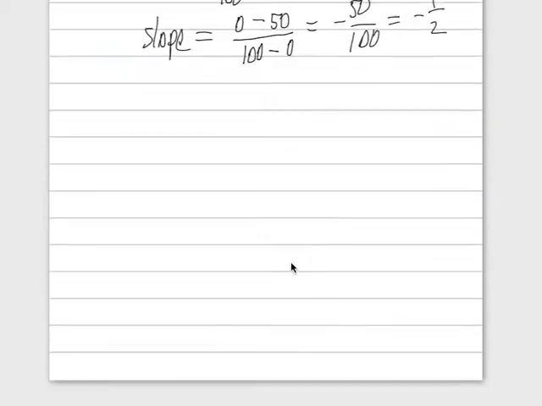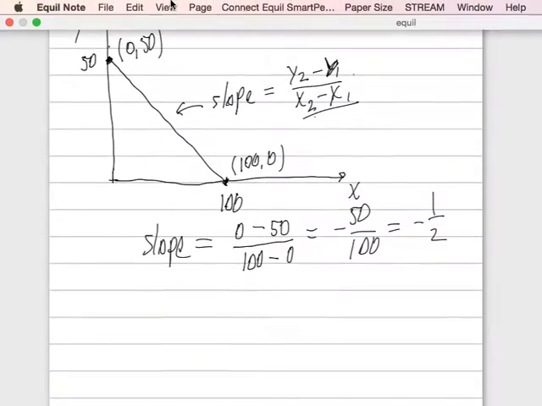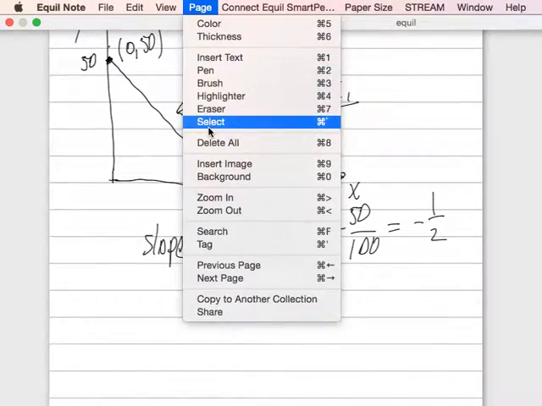Go back to the drawing board again to explain the concept of derivatives. When you're taking a derivative, let's say you have a function y equals x squared. When you take a derivative of y, that's dy over dx, the notation only.